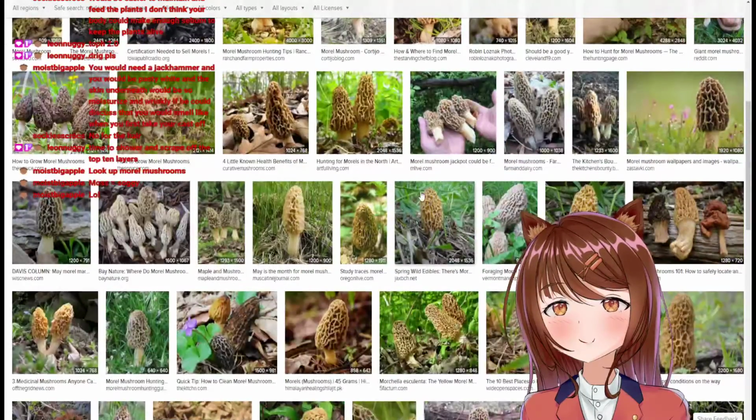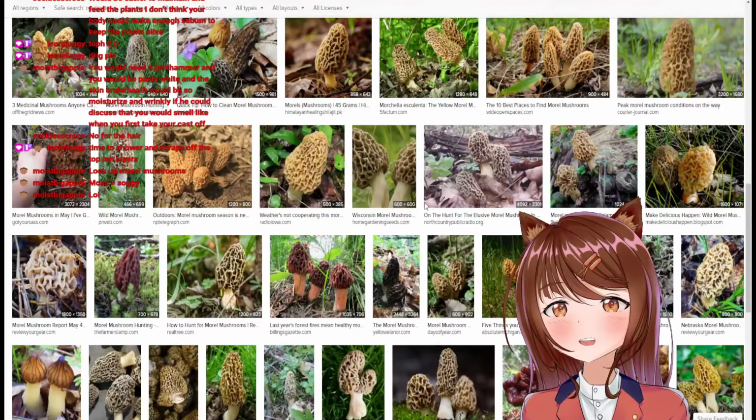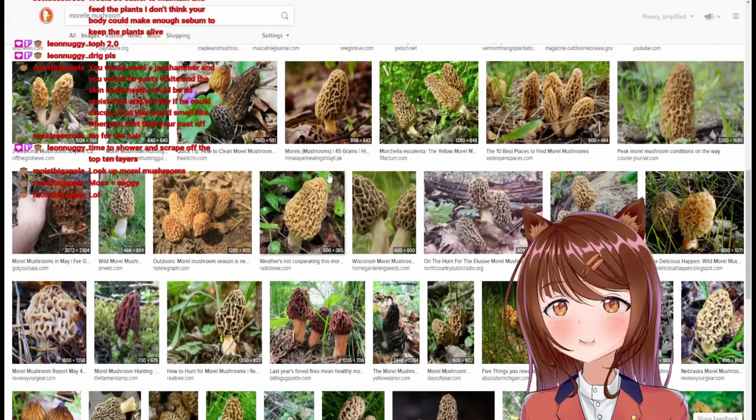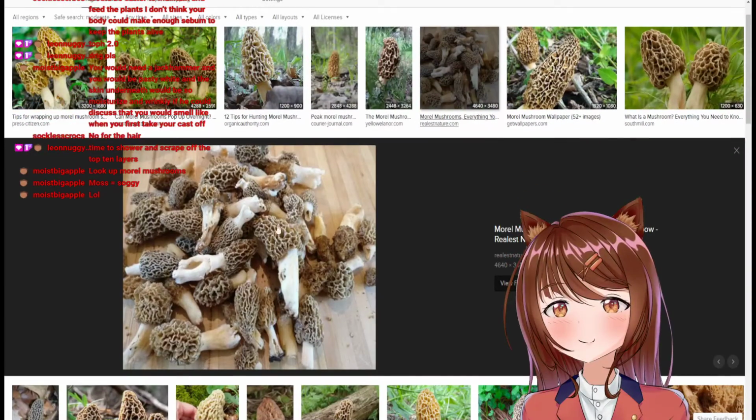They're kind of very peculiar in how they look. These edible morel mushrooms. They're pretty. I like them.